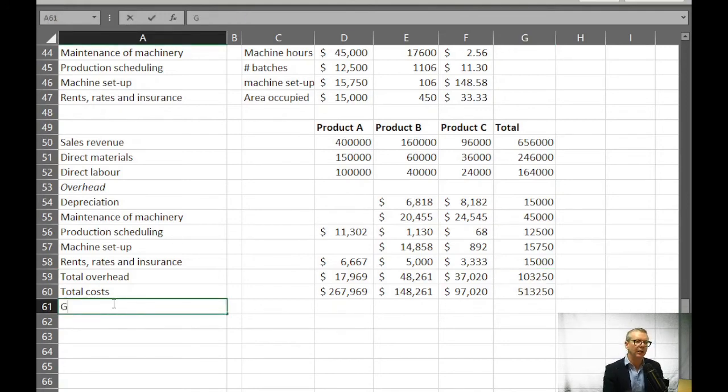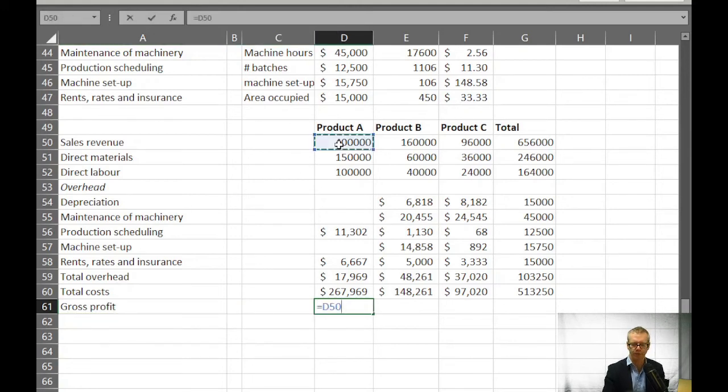That's going to allow us to calculate our gross profit, which is the sales revenue for each product less the total costs, 132,000. And we've now got a loss of 1,020 on product C.